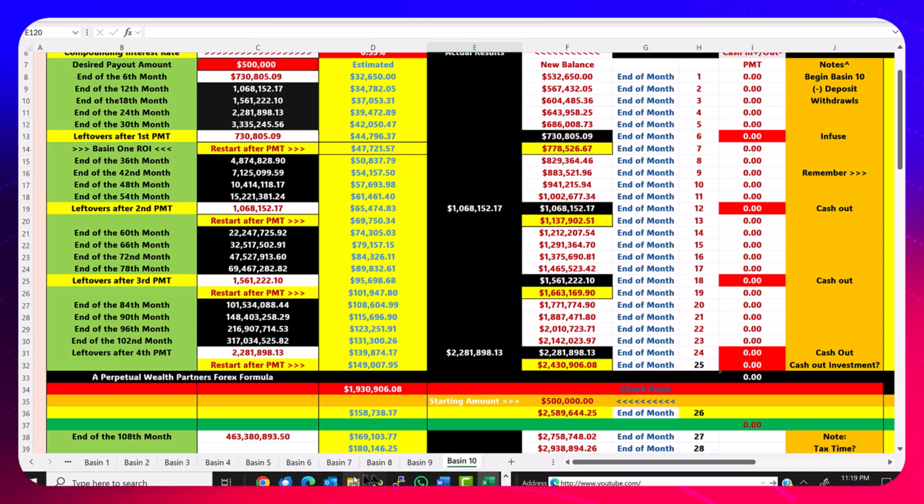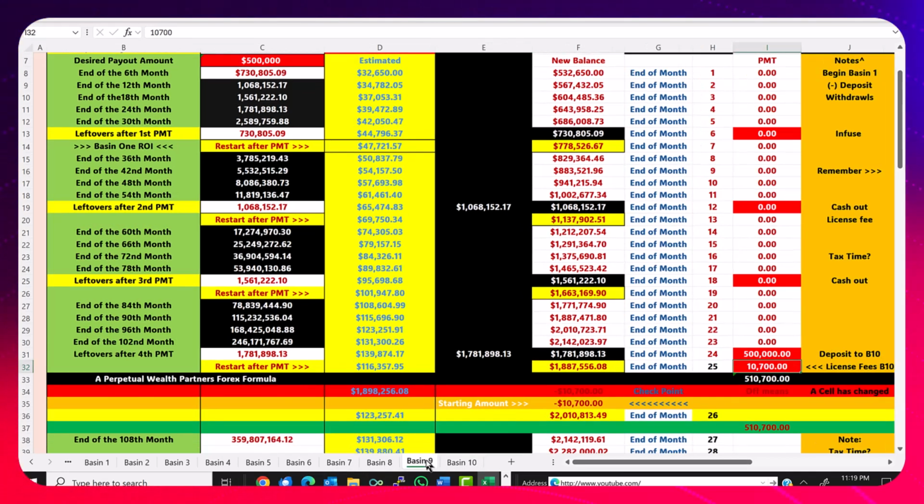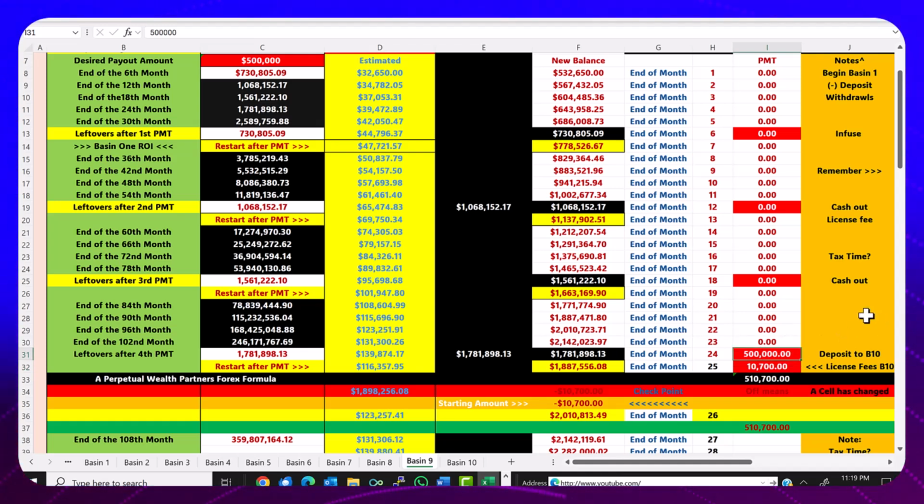Okay, so we got to go back to 9 to put something crazy in here. We want to do 5 million. We want a $5 million account, because in basin 10 you're just going to take money out every month. This is your Roth, tax free, every month.